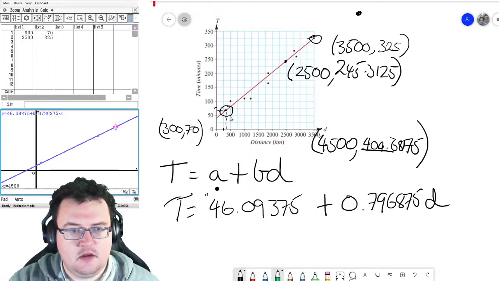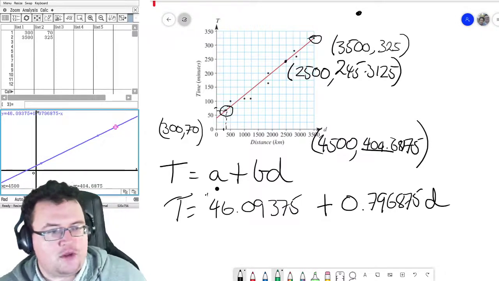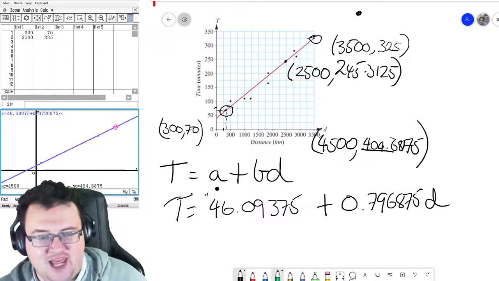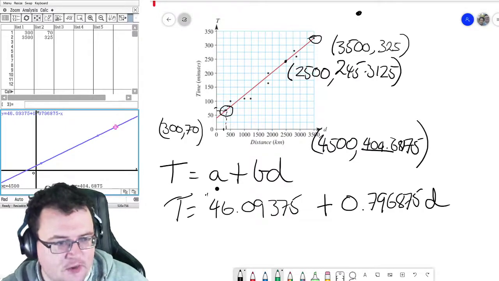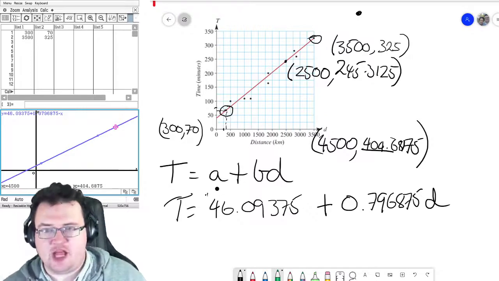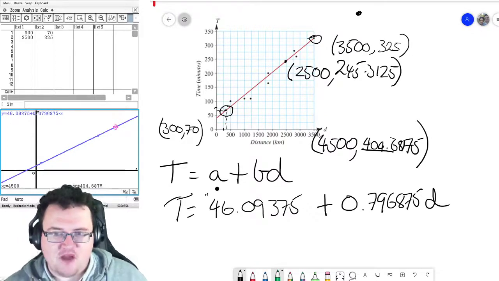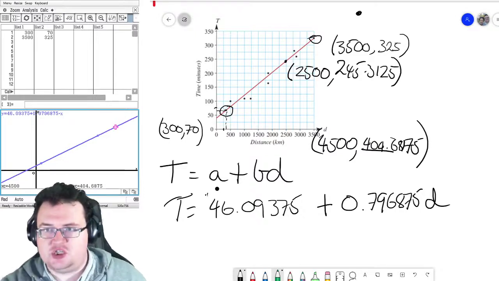And then we can go back to the question. It says, when making the predictions in B, so when we are using our line of best fit to make predictions, are we interpolating or extrapolating? These are two words that come from bivariate data when we're making predictions using straight lines.